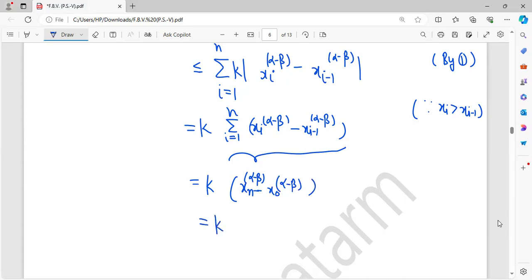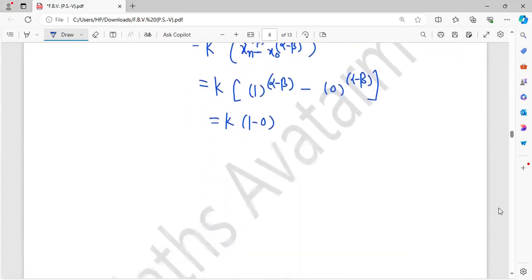But xn is 1 and x0 is 0, so you get k times (1 minus 0). So this implies S(P, f) is less than or equal to k.